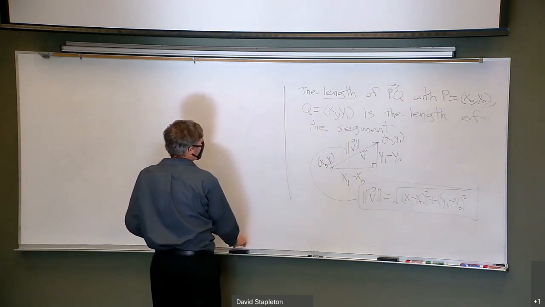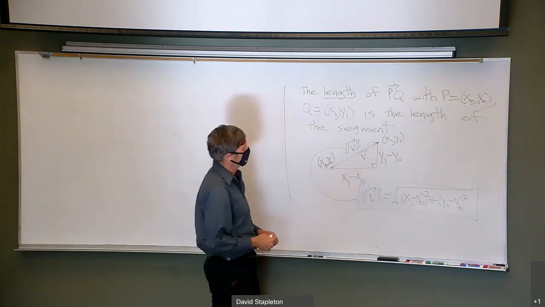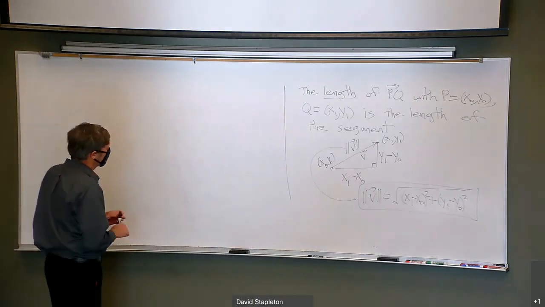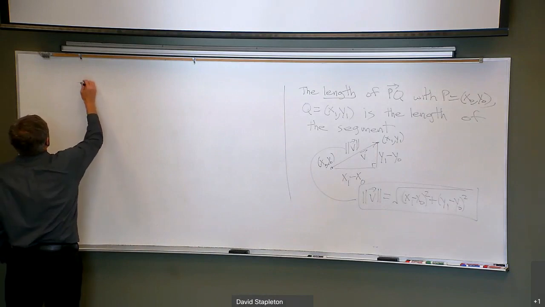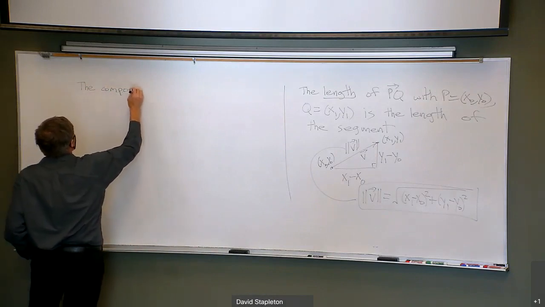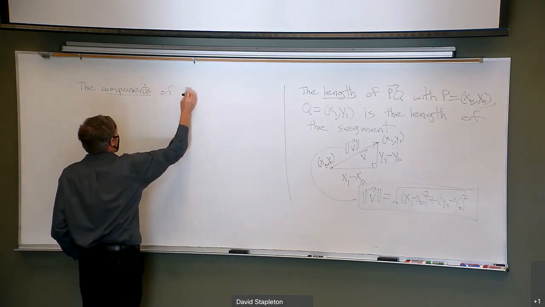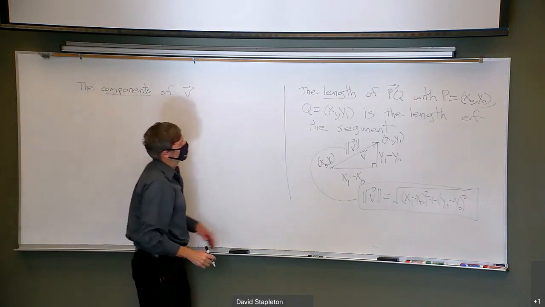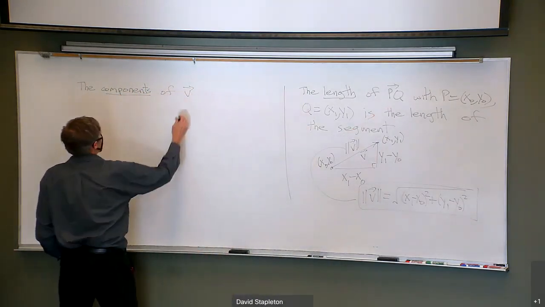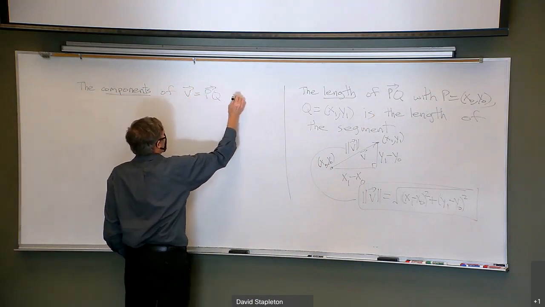Also, if you look at this, we notice that there's a displacement in the x direction and a displacement in the y direction. We can call those something too. Let's call those the components of V. And we get tired of writing two letters, P, Q. Let's suppose V is a vector from P to Q with these coordinates.